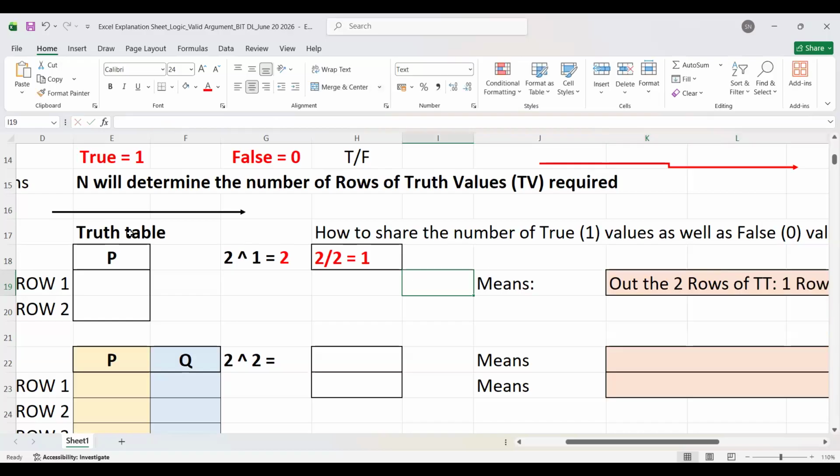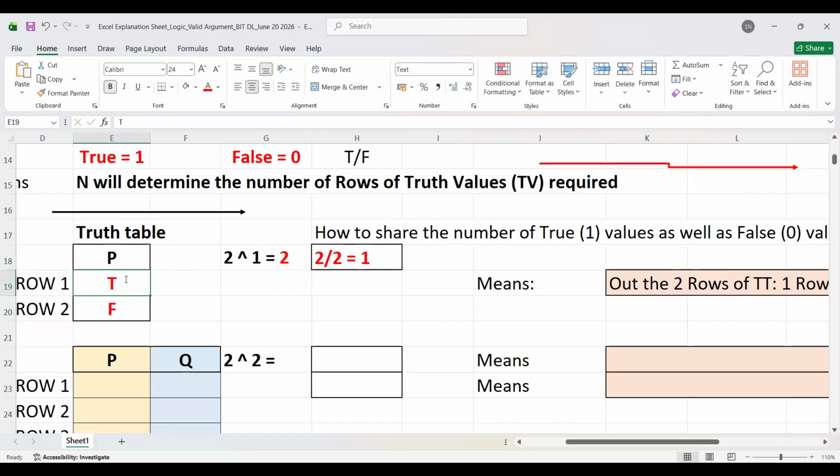So all I'm saying is that in this table, because when I divide 2 raised to the power 1, which is 2, by 2, I got 1, this 1 means that out of these 2 rows, let the first row be true, T, and let the second row be false, F. Okay?